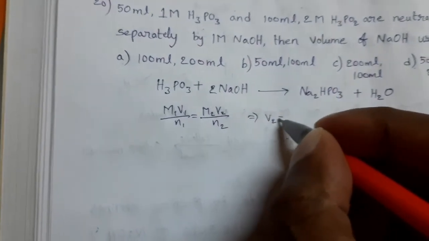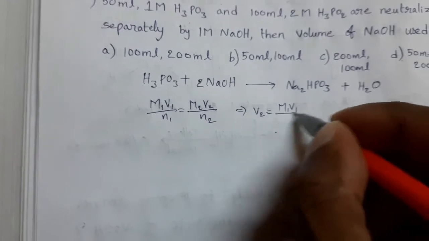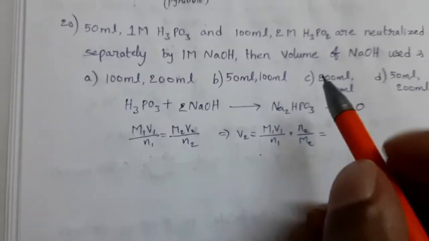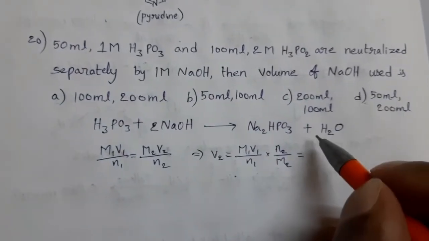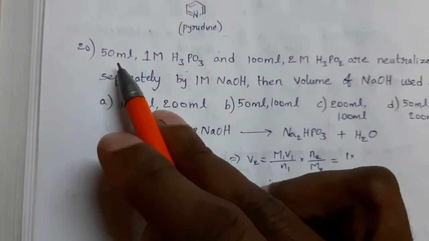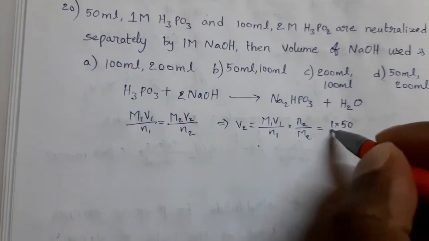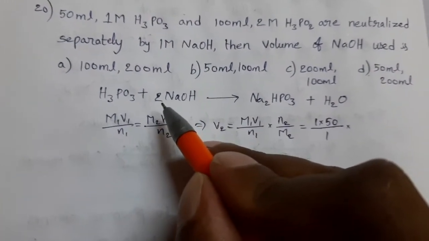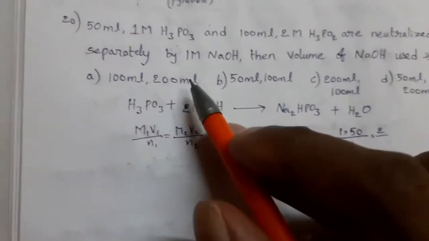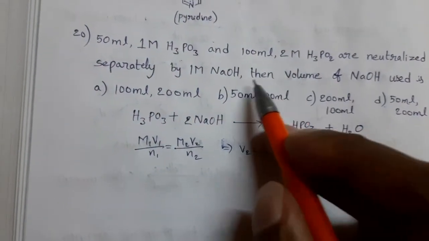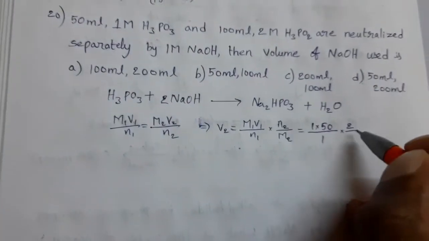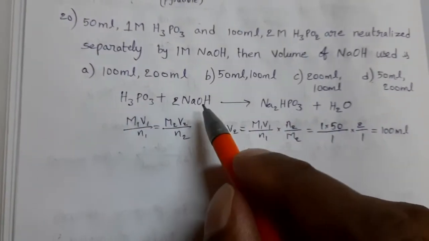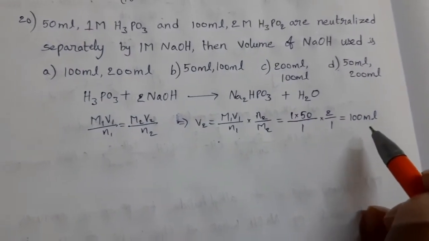Now we want V2, so V2 equals M1V1 n2 divided by n1 M2. For H3PO3: molarity 1, volume 50 ml, number of moles of base 2, divided by molarity of NaOH 1. Substituting, we get 100 ml. So 100 ml of NaOH is required for this neutralization.